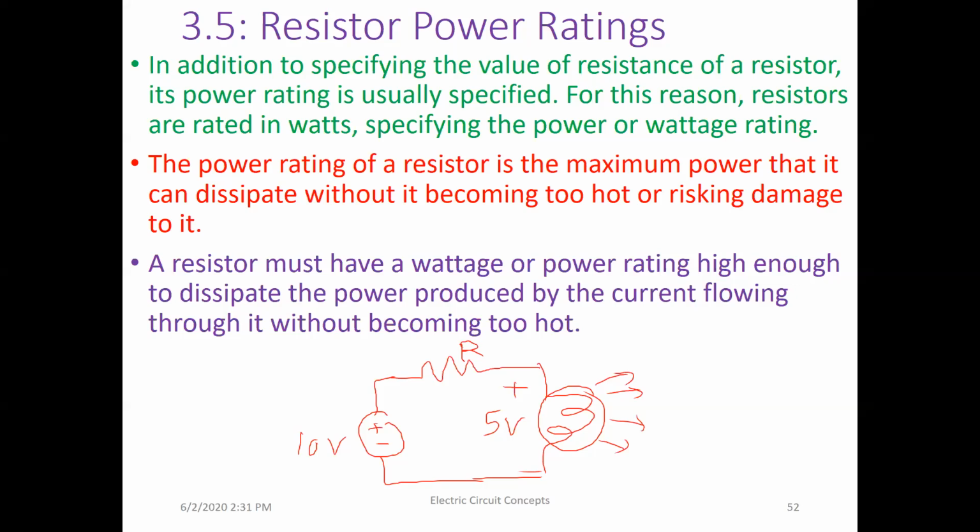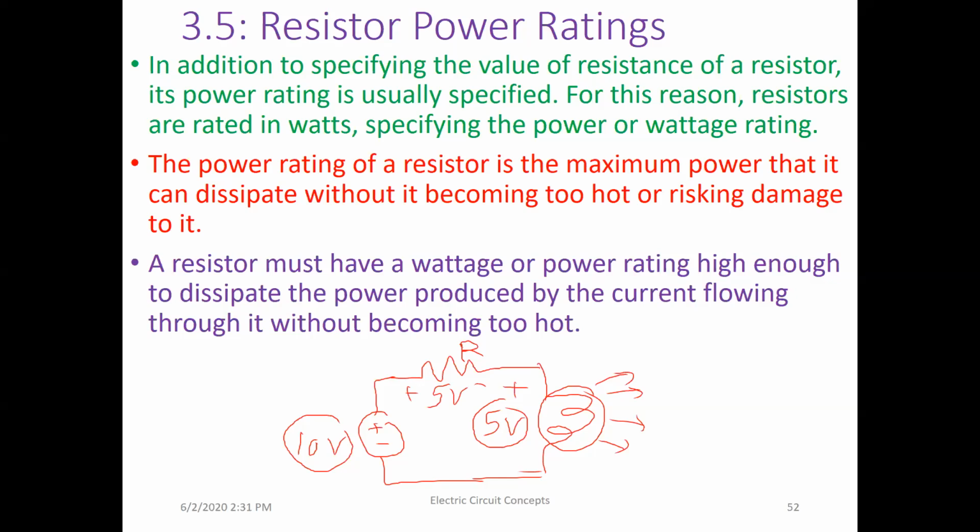Adding this resistance is going to regulate the voltage, which means I need 5 volt here, but I have 10 volt, so I have to consume 5 volt across the resistance in order to get 5 volt across the lamp.